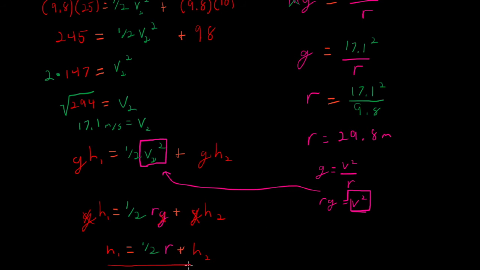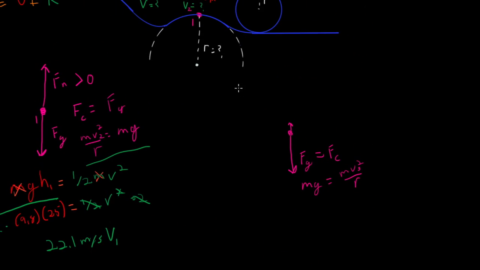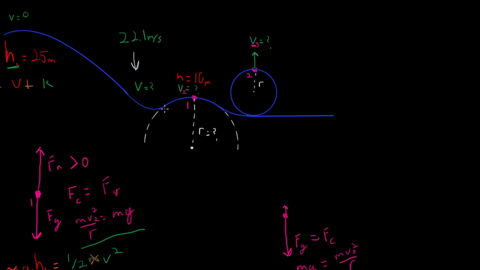And so I can solve the problem that way as well. And that becomes a pretty simple problem. And I could replicate that problem. If I was designing a roller coaster and I needed to look at multiple waves, I could reuse this equation over and over again. So it becomes useful to be able to derive custom equations like that, especially when we're doing some designing work. Now, that's how we solve for the radius here and the velocity here.